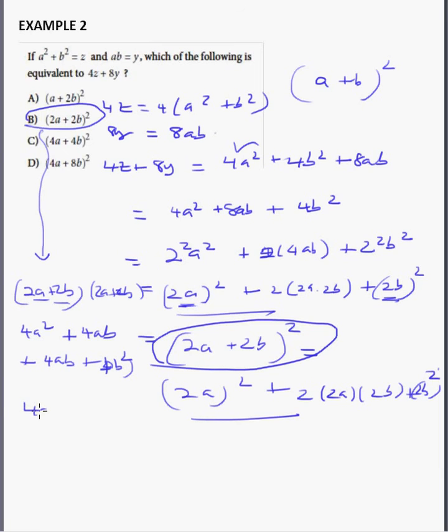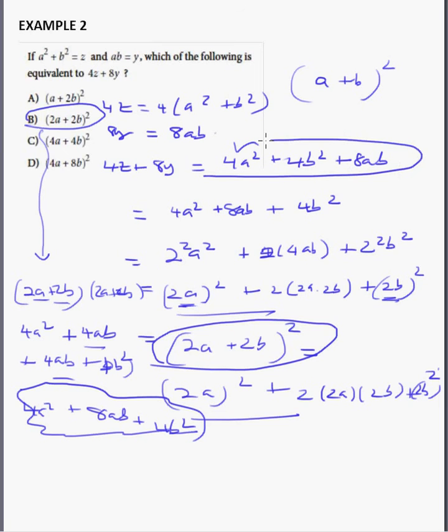That gives us 4a squared plus 8ab plus 4b squared. So this gives you what we have right here, and therefore this is your answer.